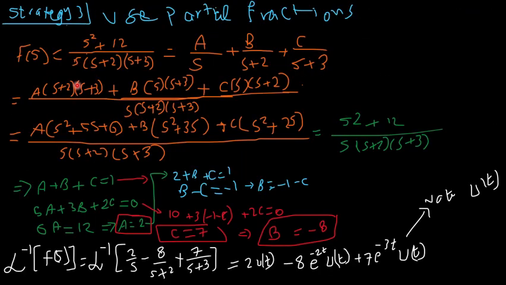The last strategy for manipulating the F(s) to have it similar to the ones in the table is using the partial fractions. This would be used if the denominator is a multiplication of functions defined in brackets, like we have here. We have three sets of brackets. One of them defined as s, the other one is s plus 2, the third one is s plus 3.